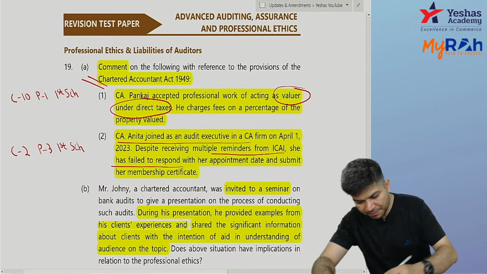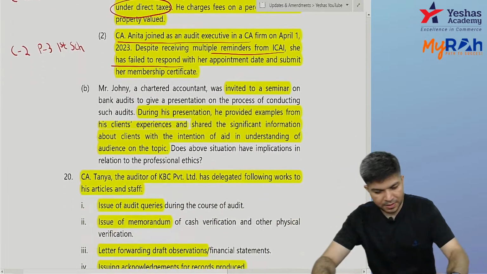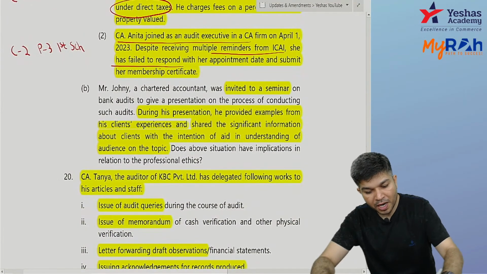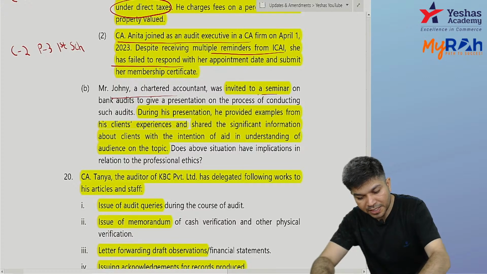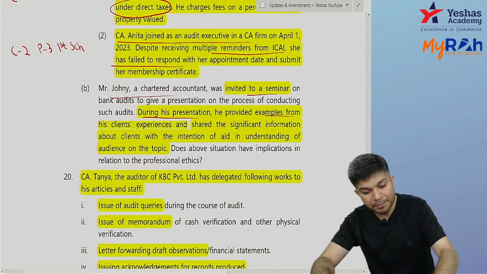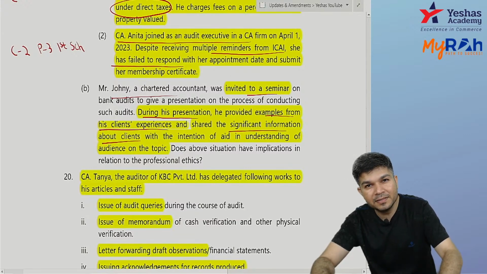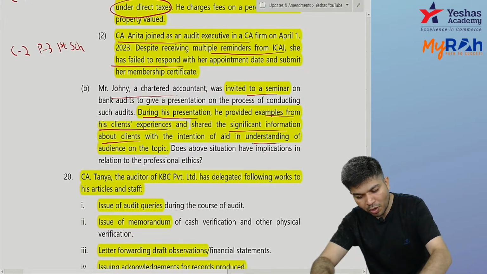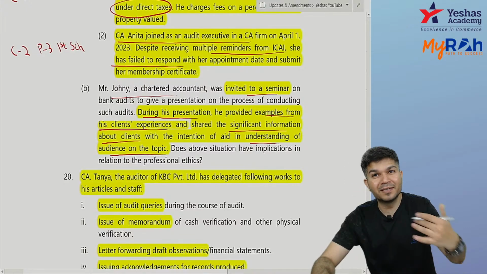Okay, next one, B point. You are a chartered accountant invited to a seminar. During the presentation, you gave examples of your client experience and shared information about your clients, wanting to help people understand the topic.